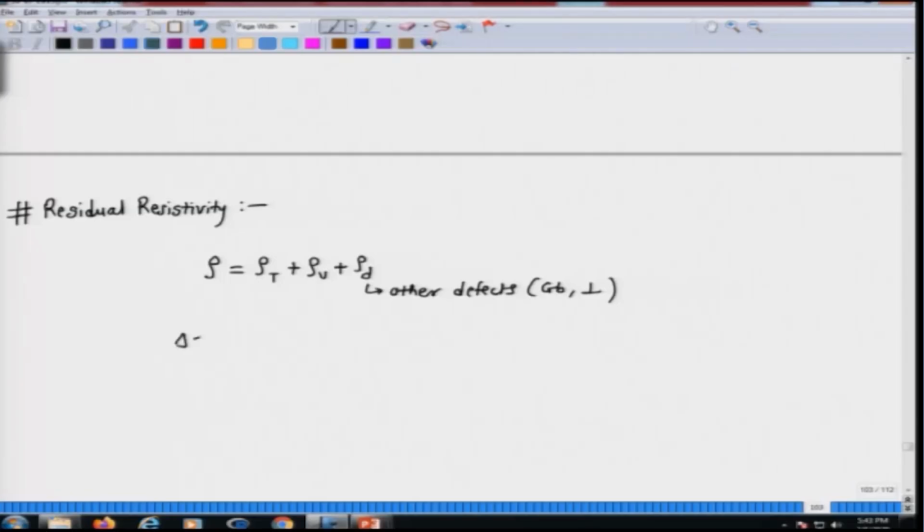So, we basically want delta rho equal to delta rho v, and this is proportional to delta x1v.